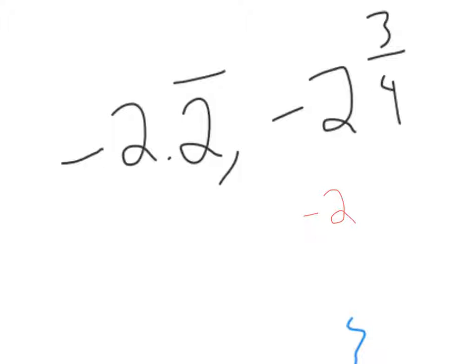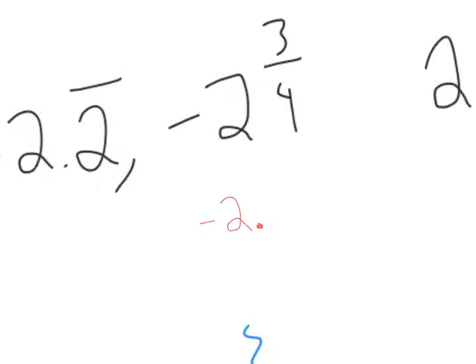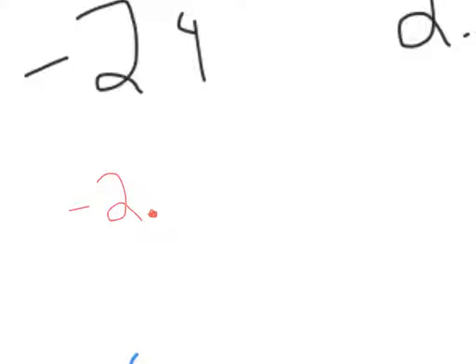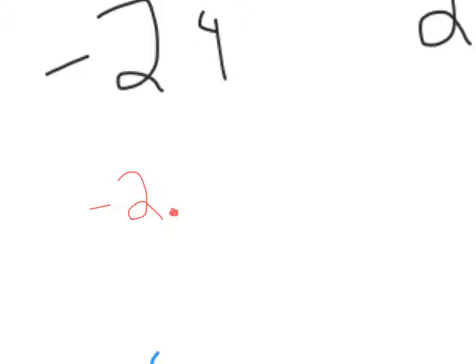Negative 2 is your whole number, and that goes to the left. And 3/4 is going to be what we divide to get this part of your decimal to the right. Okay, so let's divide 3/4 really quick. Top dog in the house, bottom dog outside. Bring that decimal straight up.